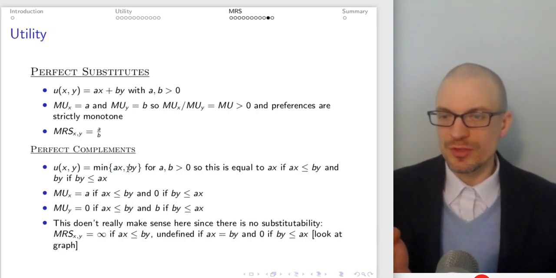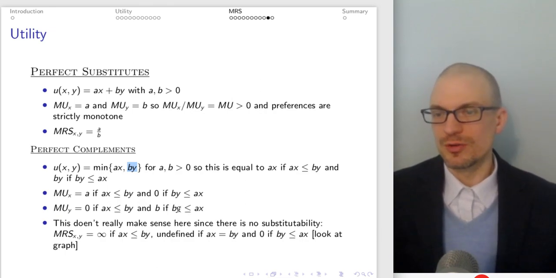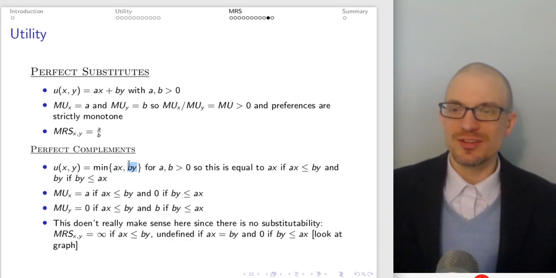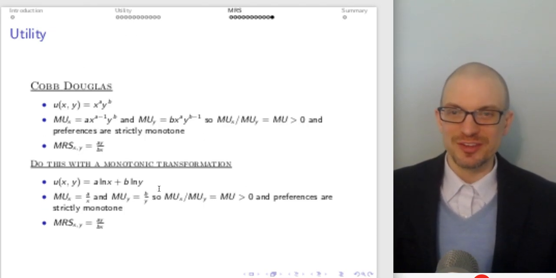If the smaller of the two is by, then my utility is coming from by, right? So then my marginal utility has to come through the smaller part. If this is smaller, my marginal utility of y is going to be b, if my utility is actually being driven by by. If not, then it's going to be 0 because my utility is driven by the other part. So if you follow that, good. If not, let's go to the next part of the video.